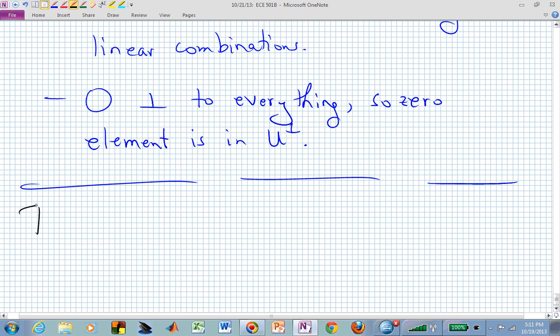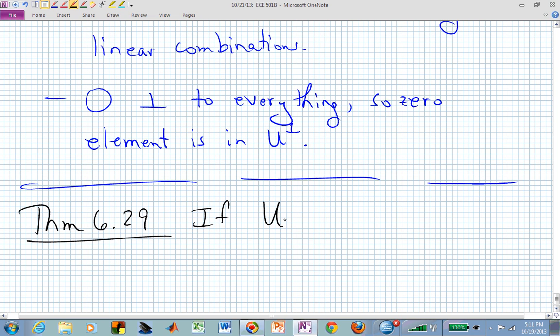Now let's look at what comes together for us if we look at the case where U, what we begin with, is indeed a subspace, and that's theorem 629.